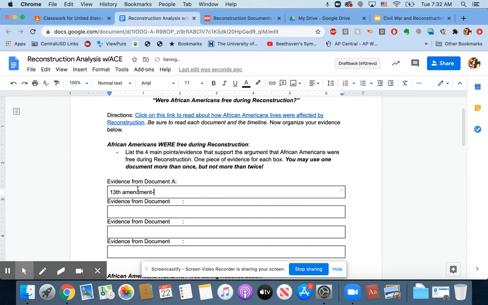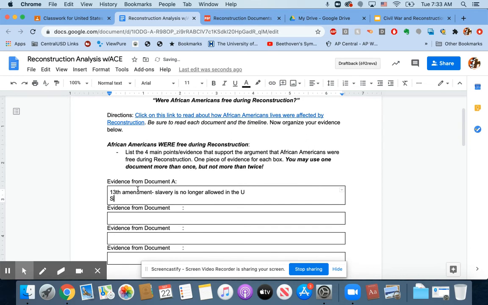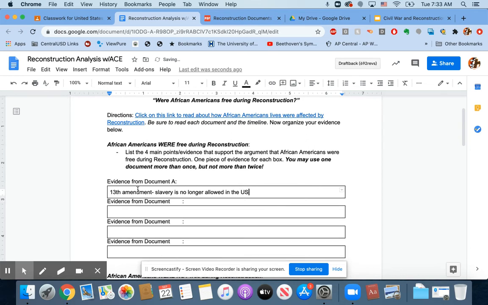And I'm going to say what that says: slavery is no longer allowed in the U.S. So obviously, if the question up here is were African Americans free? Well, if slavery is no longer allowed, that's definitely evidence that the African Americans were free during Reconstruction.